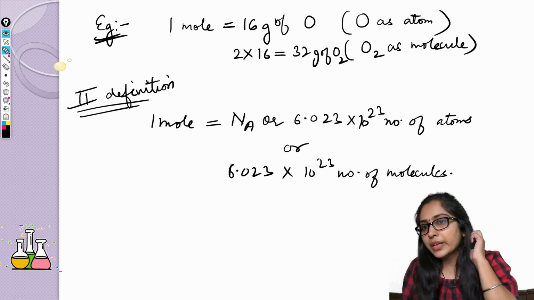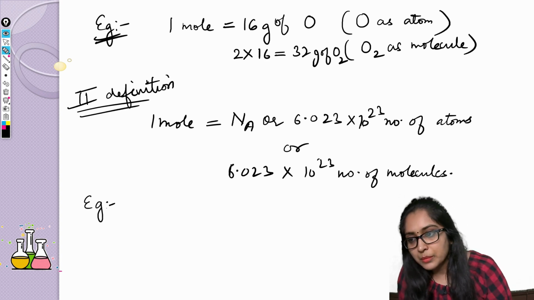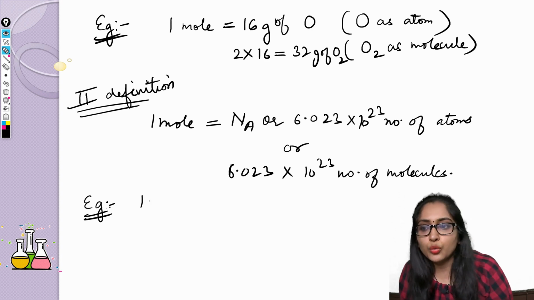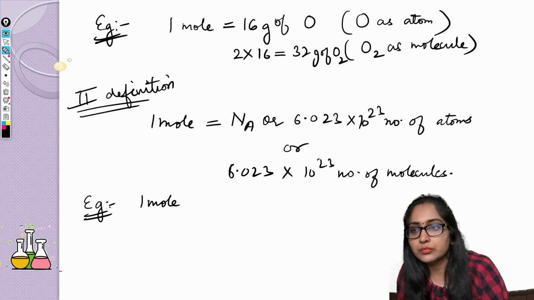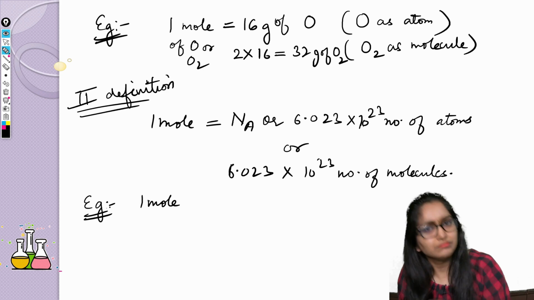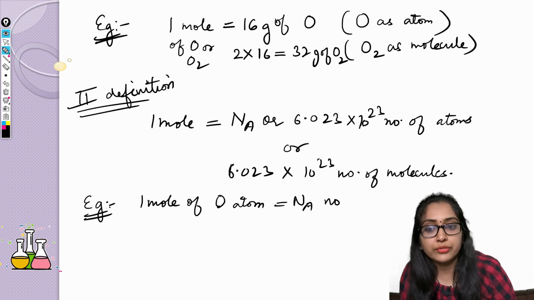Again, the same thing, whether you are taking the atomic state or you are considering the molecular state. Again, taking the example of oxygen, 1 mole of O or O2. 1 mole of oxygen atom is equal to Avogadro number of atoms.